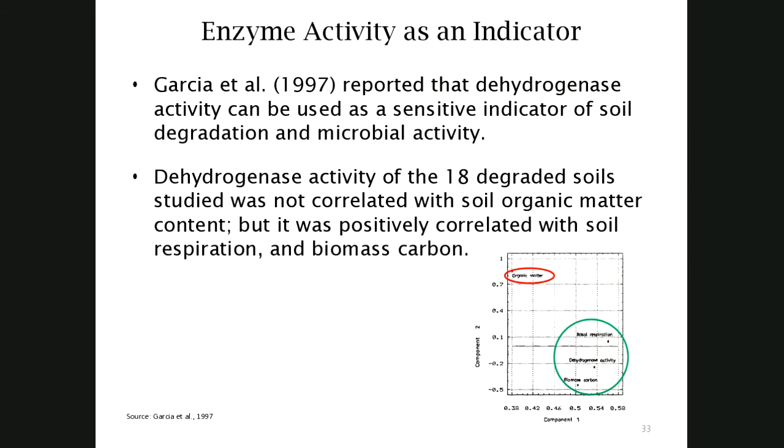How about enzyme activity as an indicator? So Garcia and others did a pretty neat report where they look at dehydrogenase activity as an indicator of soil degradation and microbial activity. They looked at 18 different soils, and one interesting thing they found was that soil organic matter content, the total soil organic matter, was not related, but the dehydrogenase activity was positively correlated with soil respiration and biomass carbon.